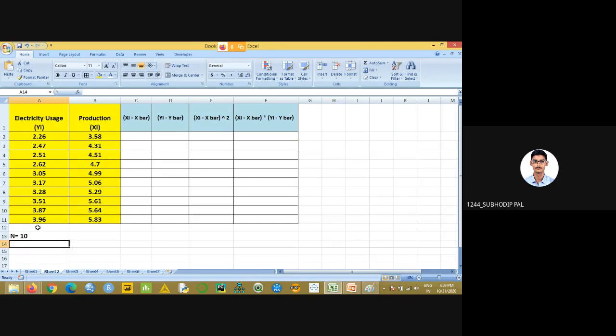Summation of y, how much? I will not use any formula, I will calculate manually. I need the sum of y and the sum of x. Tell me the value. Anyone calculating?